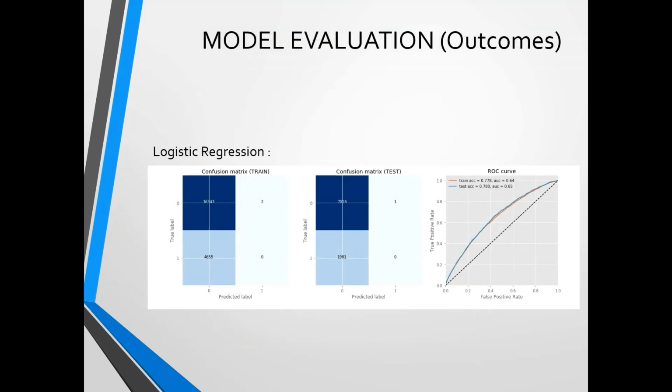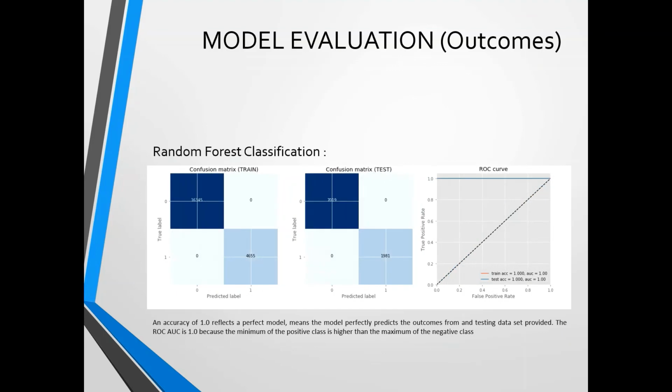If we go ahead with the model performance indicators and the machine learning algorithm outcomes for the models that we have used, we see logistic regression gives us a training accuracy of 78% and an area under curve of 65%. Similarly, the random forest classification algorithm gives us a perfect training accuracy and a correct prediction of 100%. However, the model perfectly predicts the outcomes from the testing dataset provided.